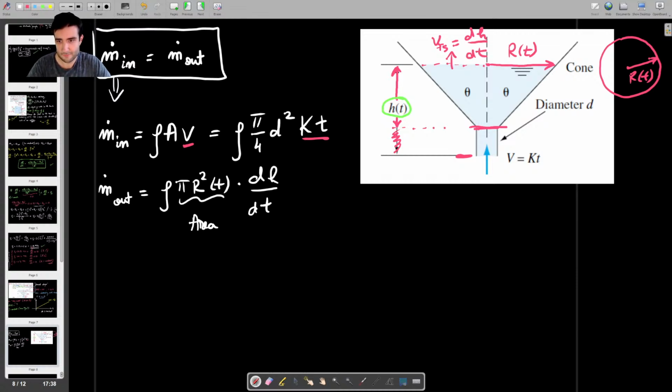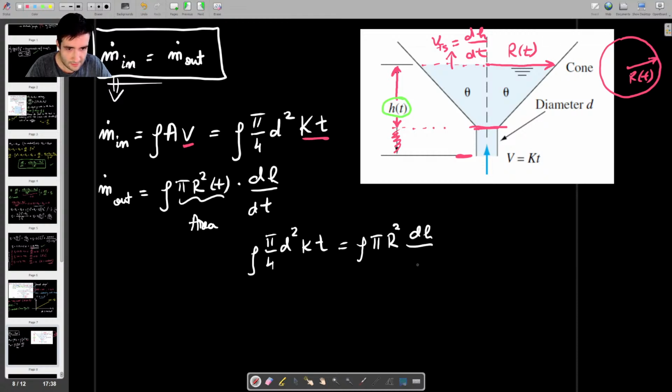Okay, so what I'll do now is use mass conservation, so I can make the two equal to each other. So we have rho, and then I have pi over 4 d squared kt, and this is equal to rho, and then I have pi r squared. I'm going to drop the brackets t because that's obvious, and then I have dh by dt.